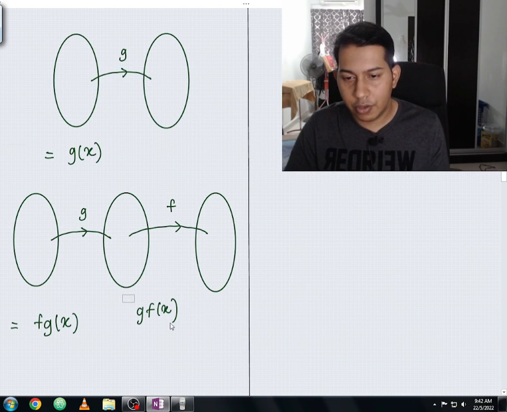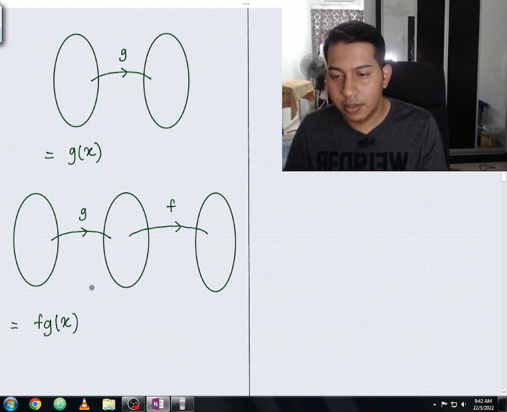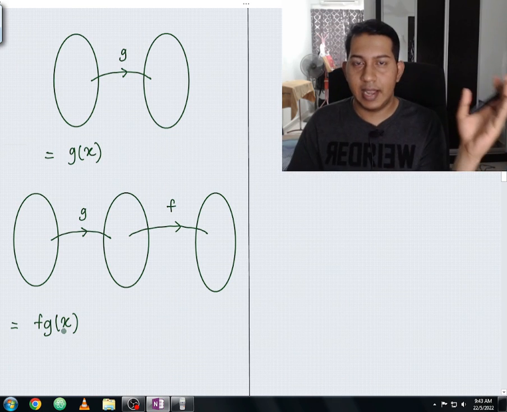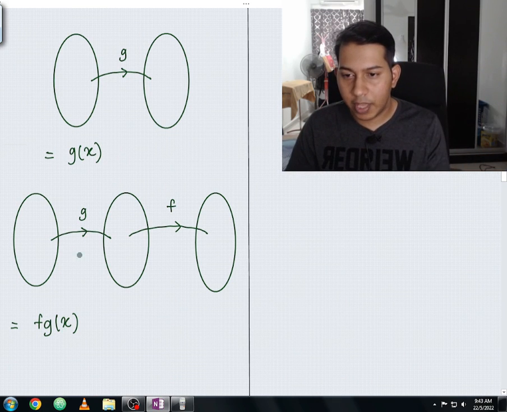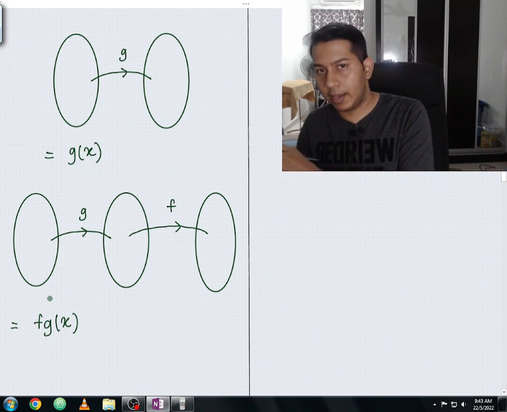One thing you should know, you come across g(x) first, so your g(x) will be the first function, placed at the left hand side. Once you completed g(x), this g(x) will be mapped into the function f. So that's why you have the composite function of f(g(x)).